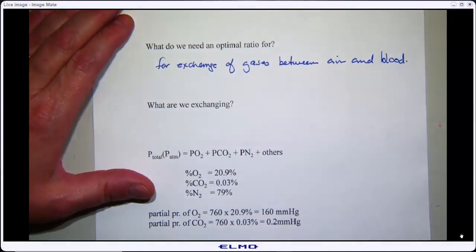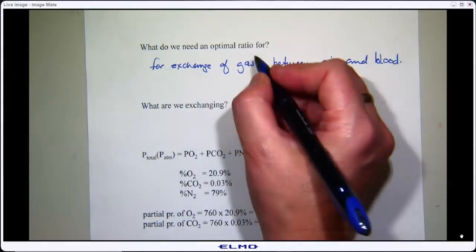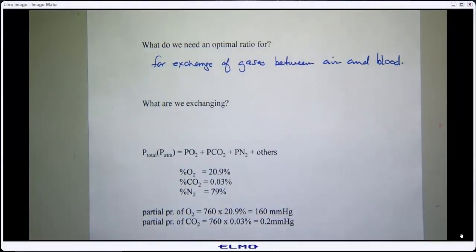So keeping our eye on the prize, what were we trying to do? Bring air in close proximity to blood so we could exchange gases using diffusion as a tool. We could have an entirely different setup here if the system chose not to use diffusion as a tool. But because we chose to use diffusion as a tool, this is the system that we get.